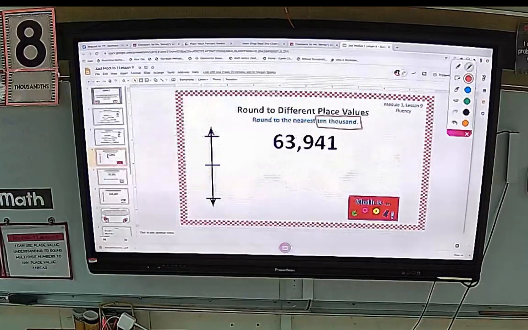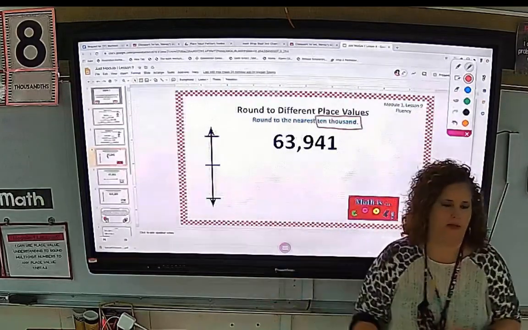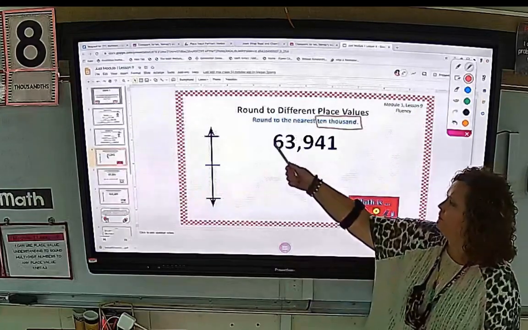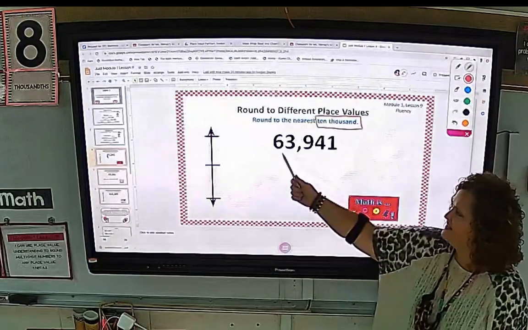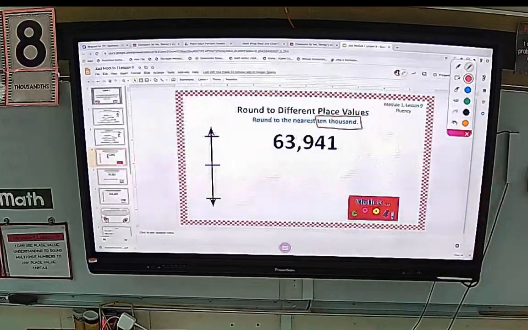All right, so you have your marker, you have your eraser. Like we have always done, I want you to write this number on your board. I don't want you to write anything else. So right now, kind of towards the top, but not all the way at the top, 63,941. Go ahead and write that.